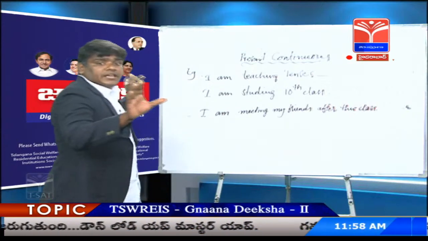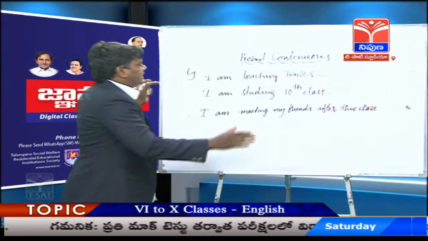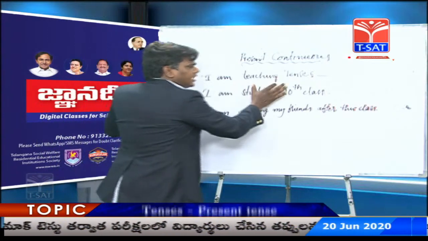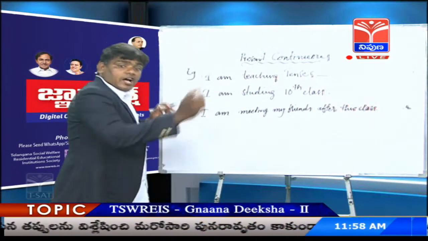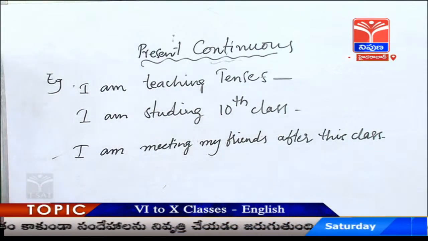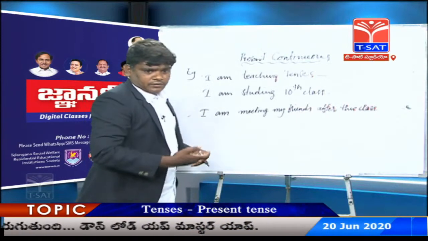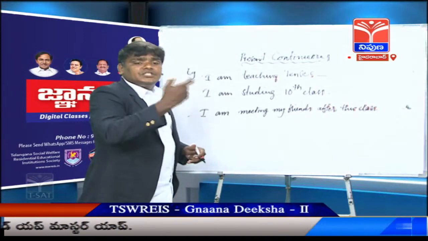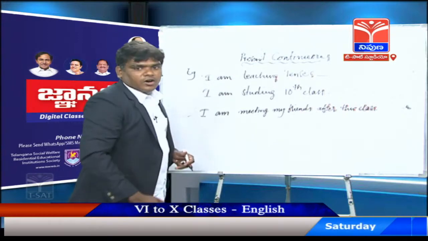So we can make use of this present continuous tense when you are talking about an action which is going on right now, a longer action in progress now, and a near future action which is going to happen. So this is the usage of the present progressive or present continuous.